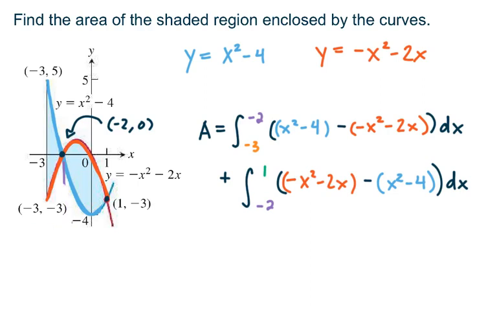If I simplify this just a little bit, my area is going to look like the integral from -3 to -2 of the function in parentheses minus -x squared, that would be plus x squared.